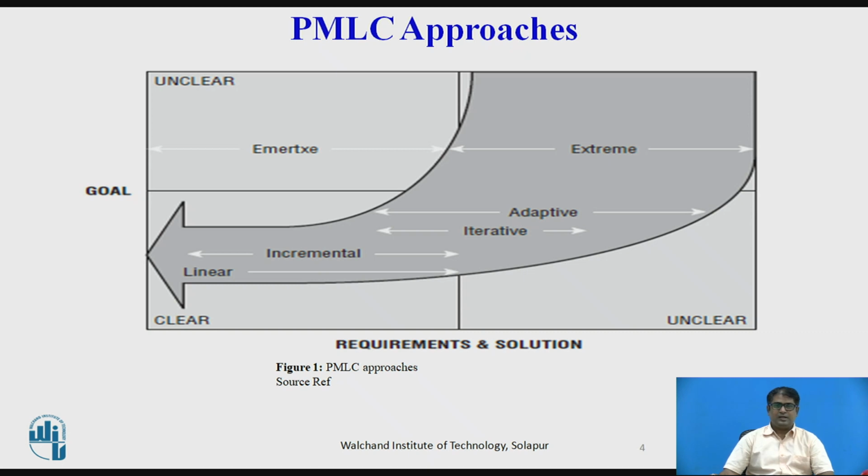The decision as to which of these five PMLCs is best for the project is based on factors that include solution clarity. For projects that are near the boundaries of traditional project management or agile project management, there will always be a judgment call to make as to which PMLC model is the best fit.